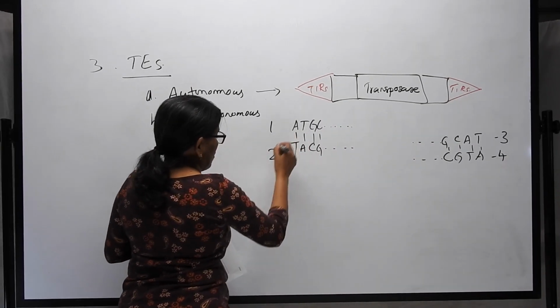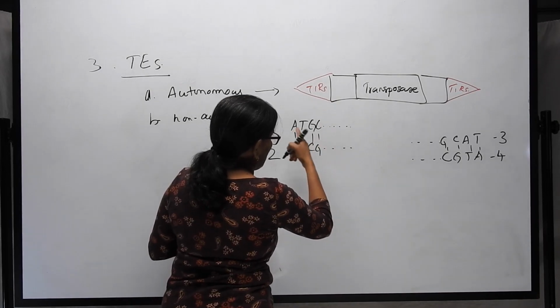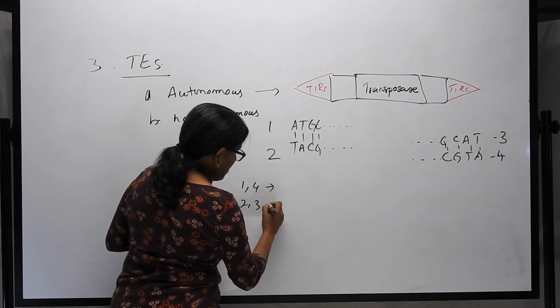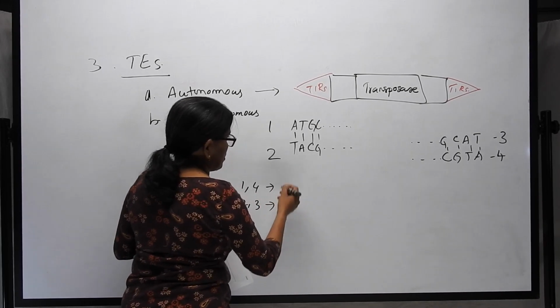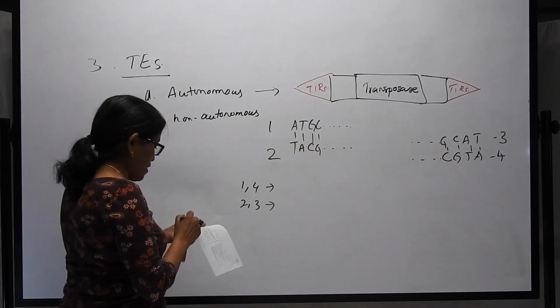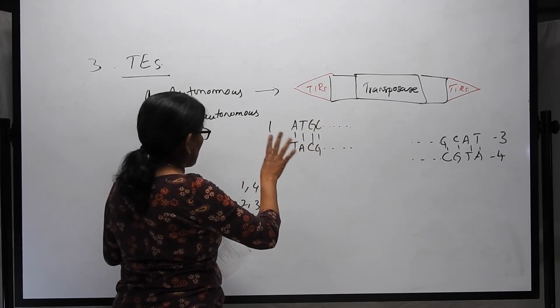So 1 and 4 are the terminal parts that are inverted. In the same way, 2 and 3 are inverted. You can see TACG. This is characteristic of the autonomous element.